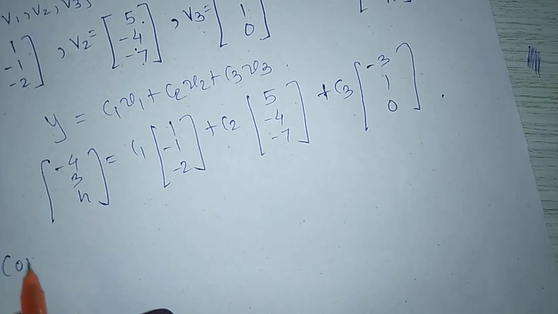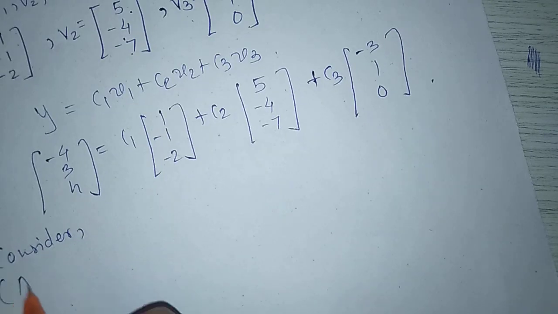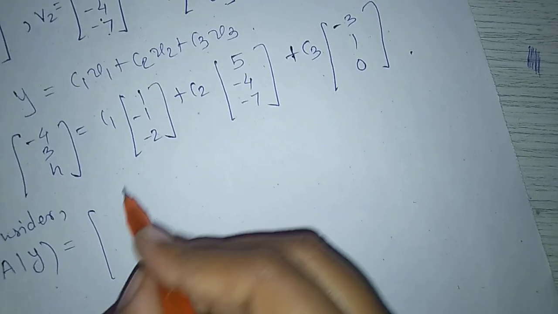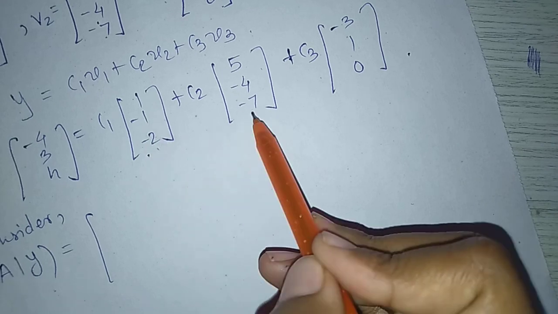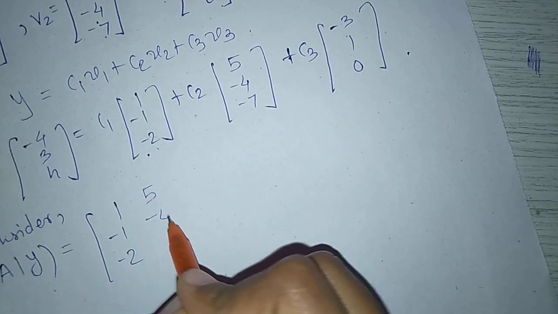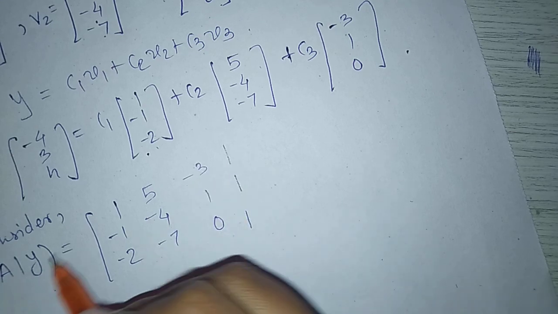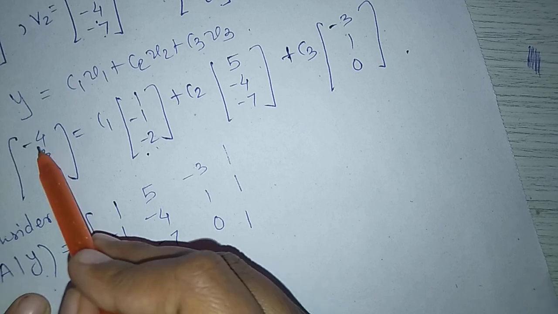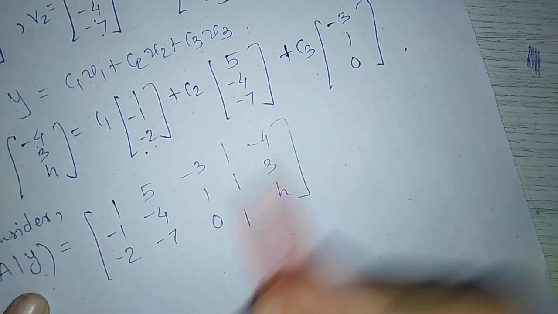Now consider the augmented matrix [A | Y], where A is the coefficient matrix whose columns are V1, V2, V3: (1, minus 1, minus 2), (5, minus 4, minus 7), (minus 3, 1, 0). Add the column matrix (minus 4, 3, H).